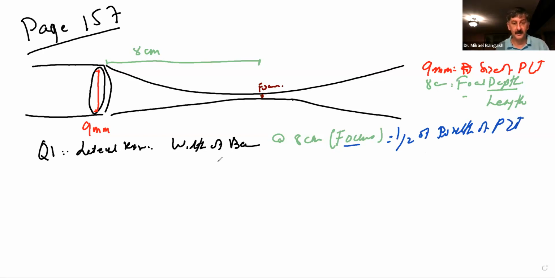Half of 9 millimeters is going to be 4.5 millimeters. So that will be your lateral resolution at the focus, which is at a distance of 8 centimeters. Did that make sense?